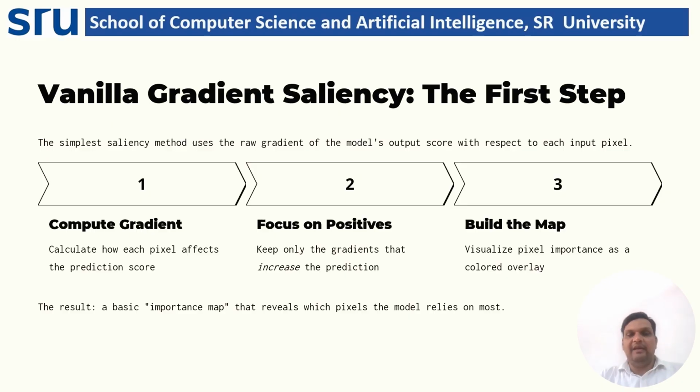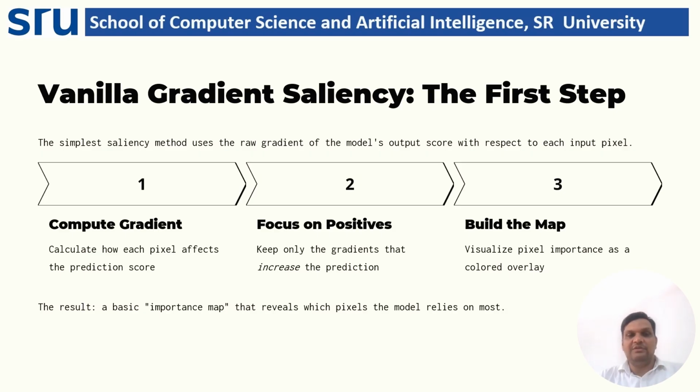Vanilla gradient saliency, the first step. The simplest saliency method uses the raw gradient of the model output score with respect to each input pixel. Compute the gradient: calculate how each pixel affects the prediction score.